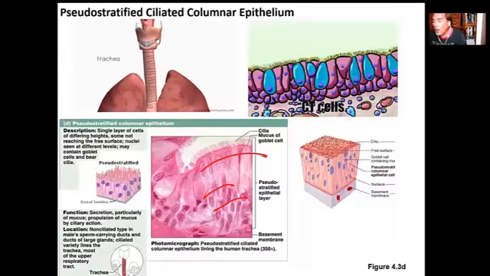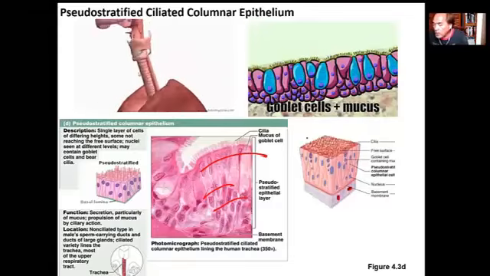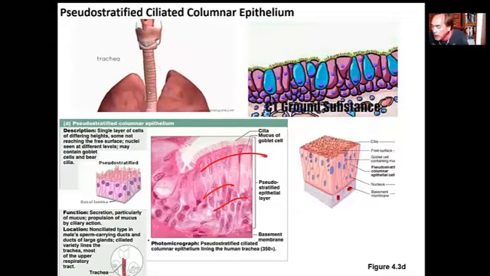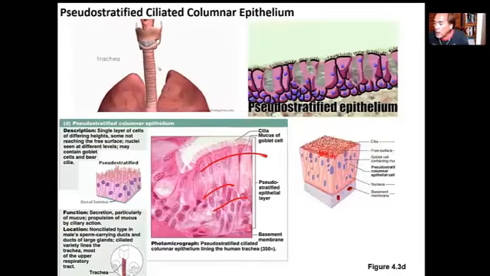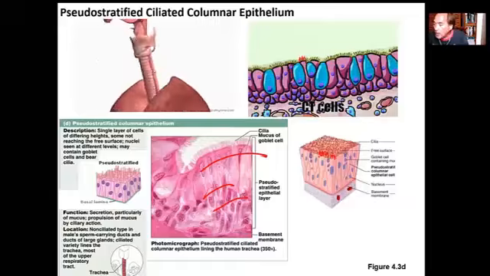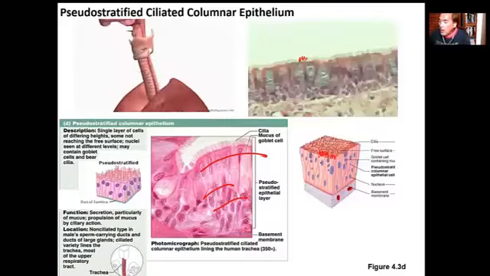It is actually one layer only. And this is how it looks like. It is one layer only, but the cells that line the tube, this is going to be at the respiratory tract. This is going to be the trachea. And on top of the trachea are cilia. Remember those hair-like projections on top of the cell? That's actually your cilia. And it actually is one layer, but it looks like multiple layers.